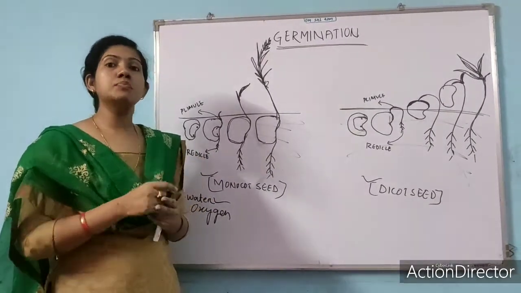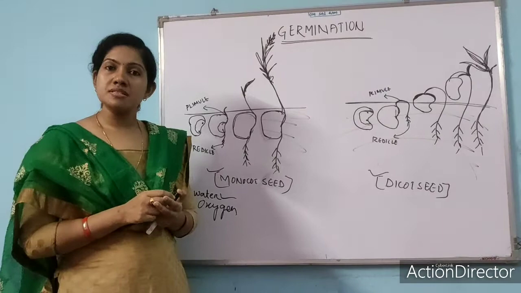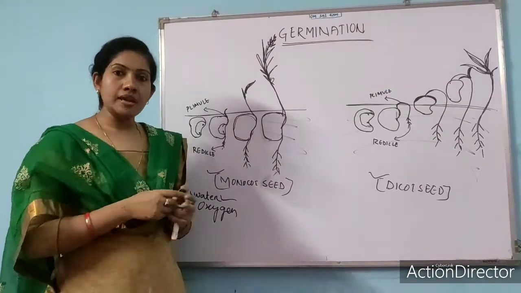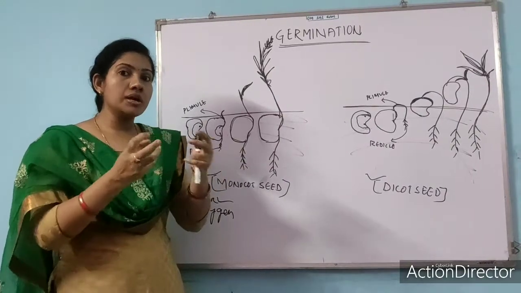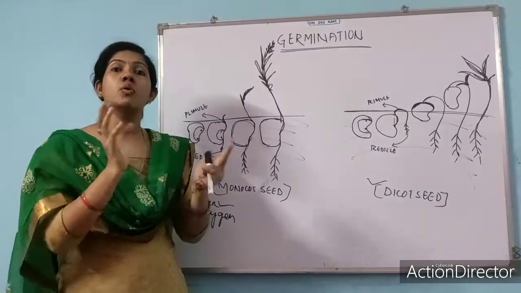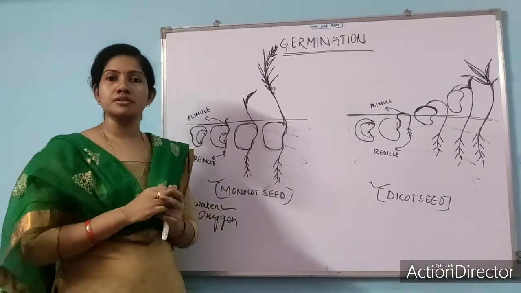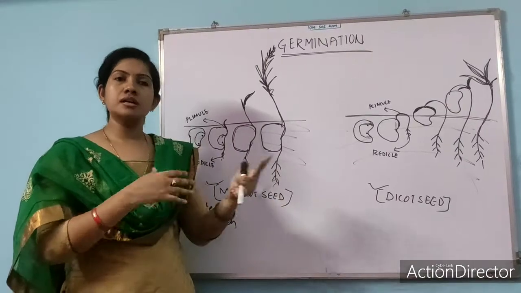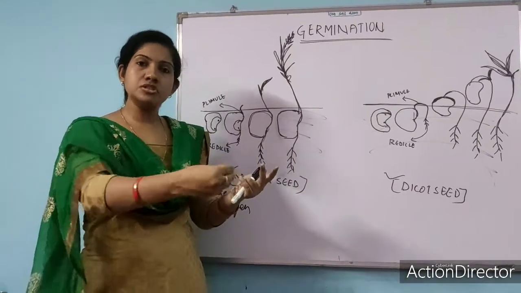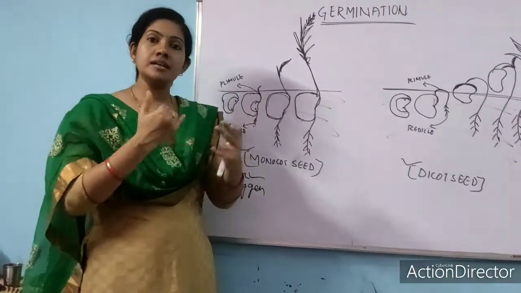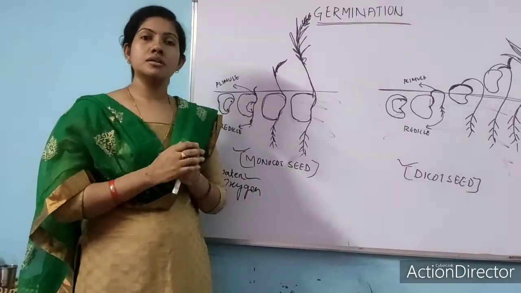The soil should be porous. That's why farmers dig the soil at regular intervals so that the seed can get an adequate amount of oxygen. We call that kind of soil aerated soil or porous soil, which contains pores. That's why in a flower vase or in our garden, we should dig the soil at regular intervals so that the roots or the seed can get adequate air.